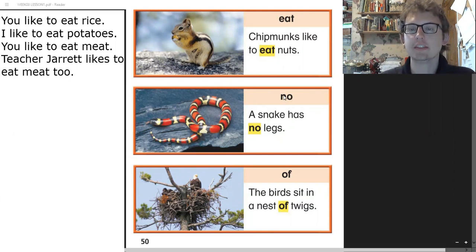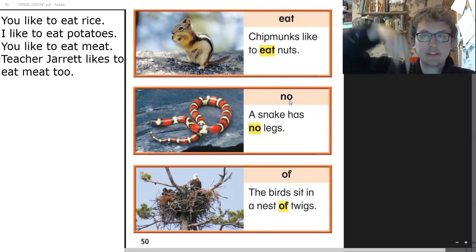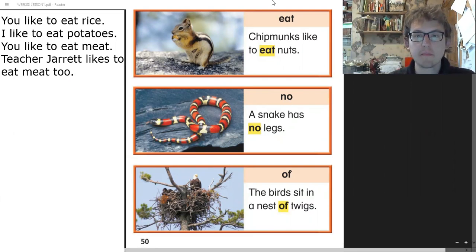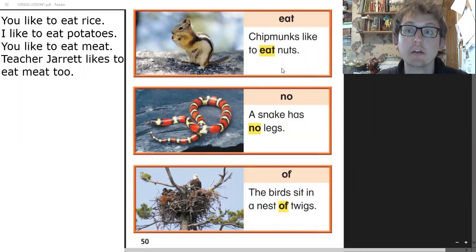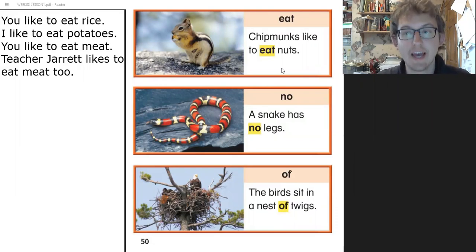Our next word is no, N-O. No. Does anyone know what the opposite of no is? The opposite of up is down, right? So the opposite of no should be yes.